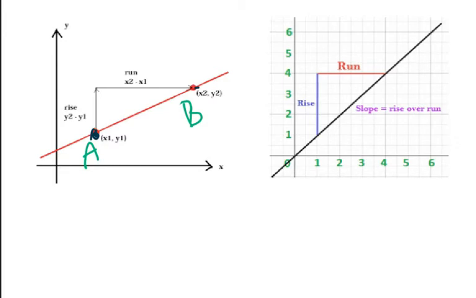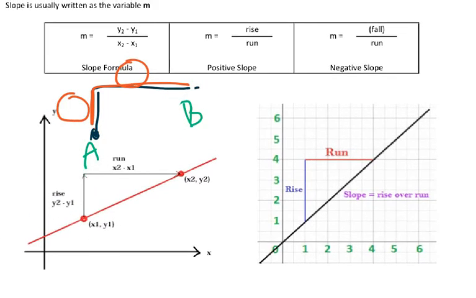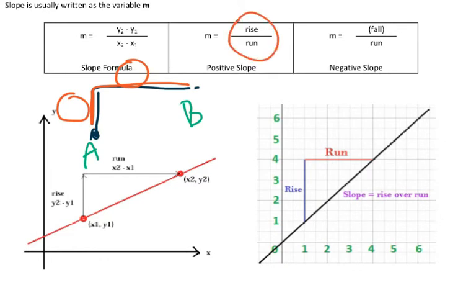So if we're leaving point A and we're heading to point B, we would have to go up and then we would go over. In other words, we would have to rise and then run, which is what they use. Rise over run, which is what the formula says. That is what the formula is.